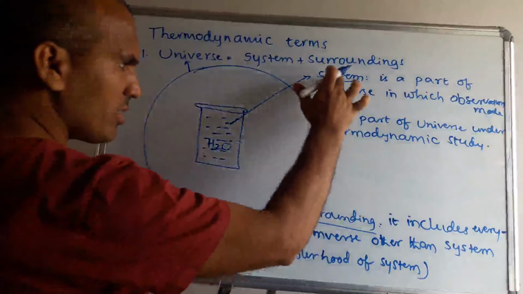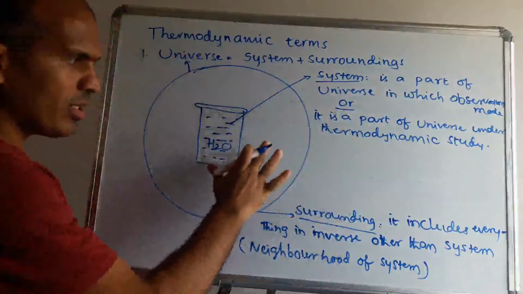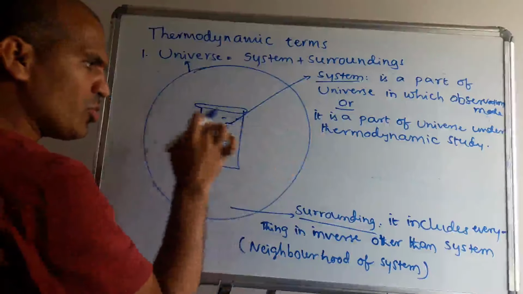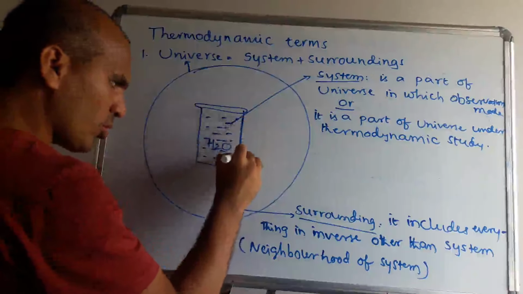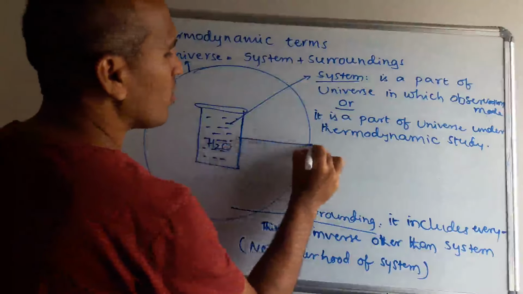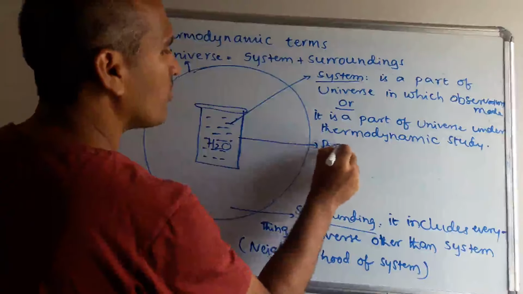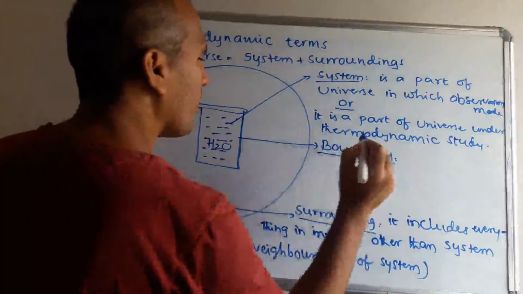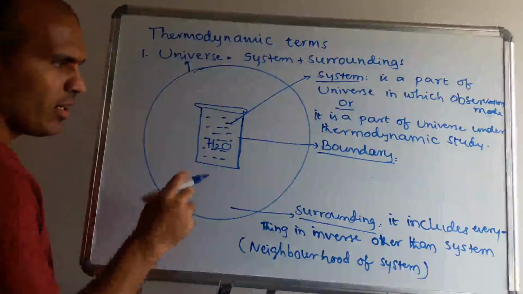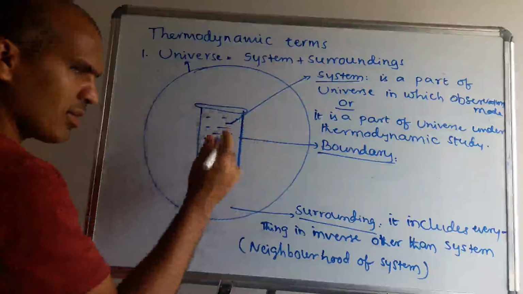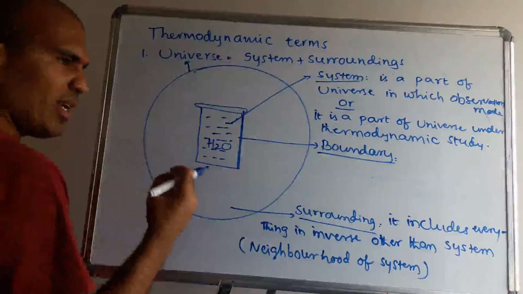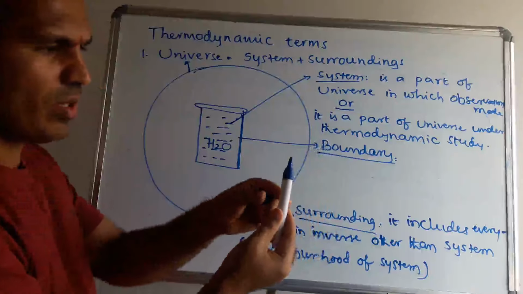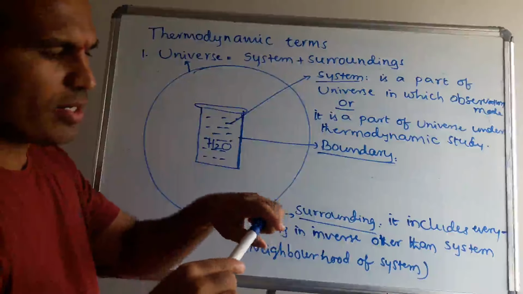Now in between the system and surrounding, this is the surrounding part and this is the system. In between these two, what is there? One boundary is there. So this is called the boundary. Here the beaker wall is real. Now we can consider this pen, the marker, as a system.